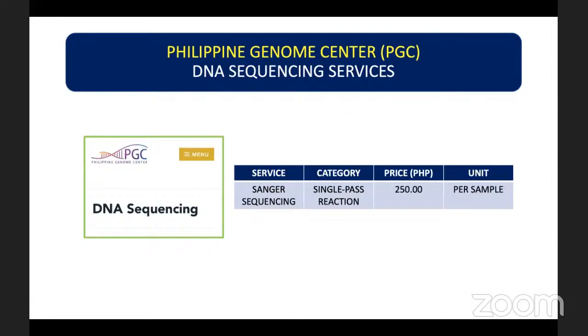So I think that's very cheap. But per experience, not all sequence results can be analyzed. It depends on the quality of the sample. So mostly, you really have to do the DNA extraction and the PCR part.